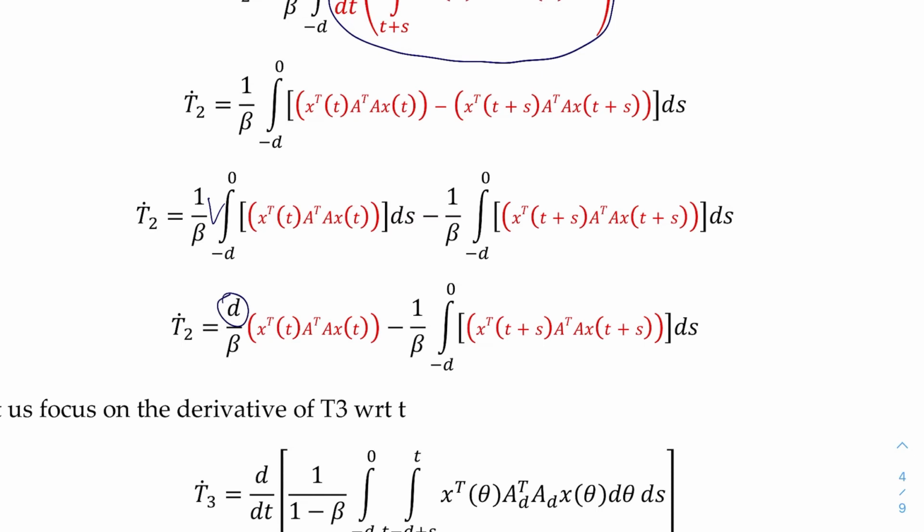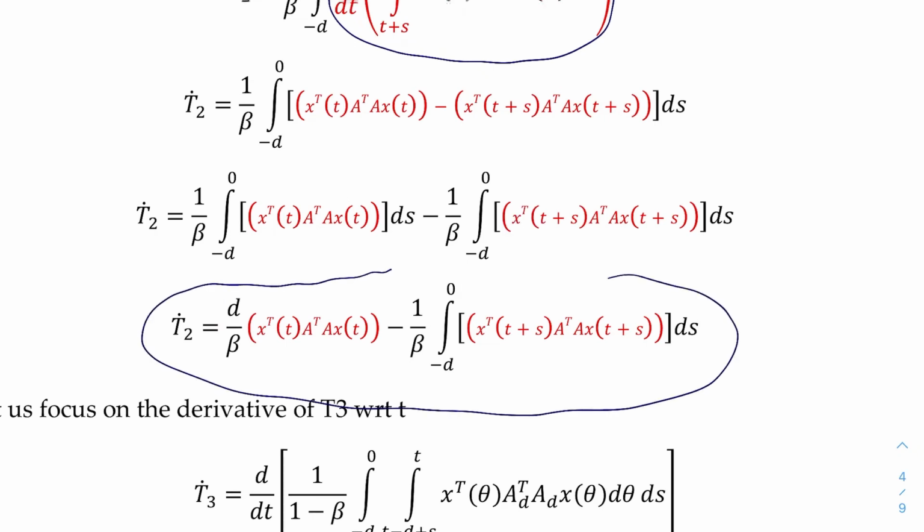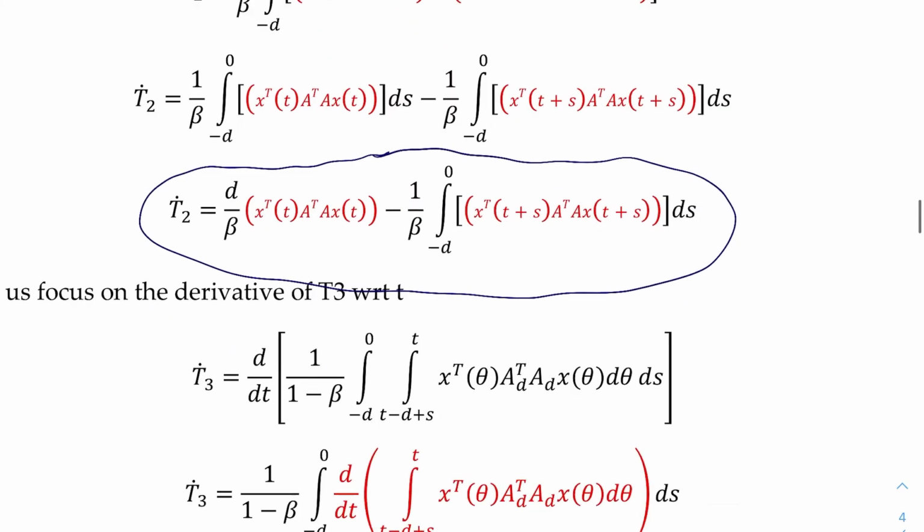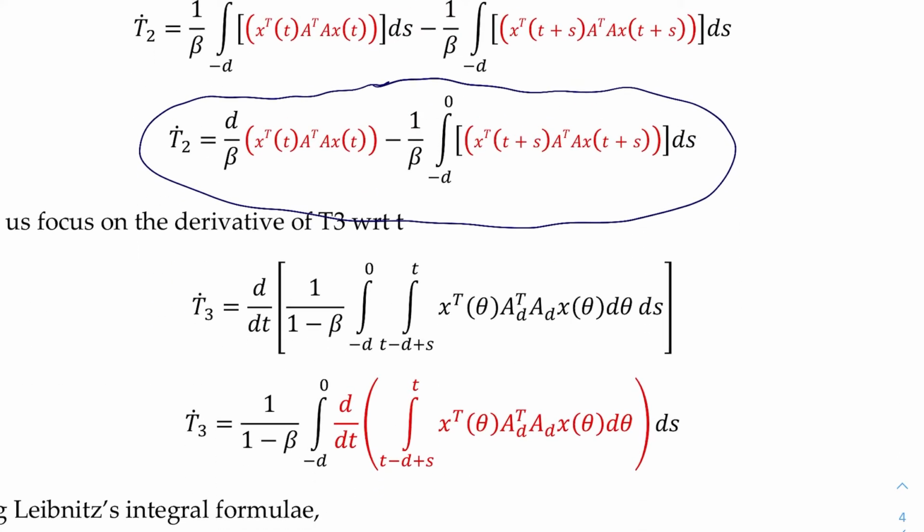Here is that d term, and this is the term, and also since that expression has s in it, we just leave it as is. And so this is the derivative of the second term, t2.